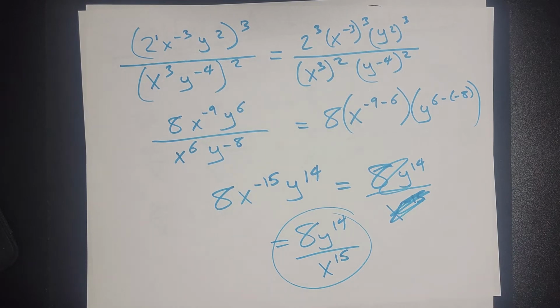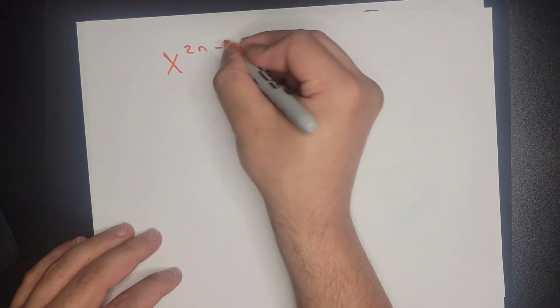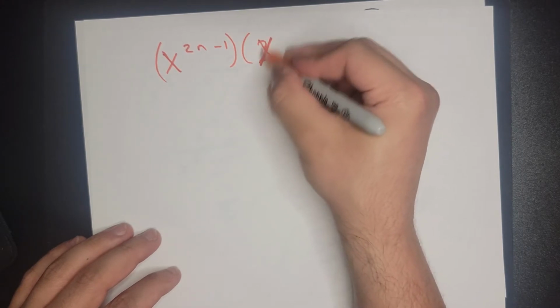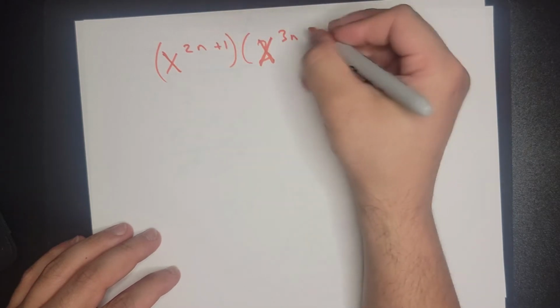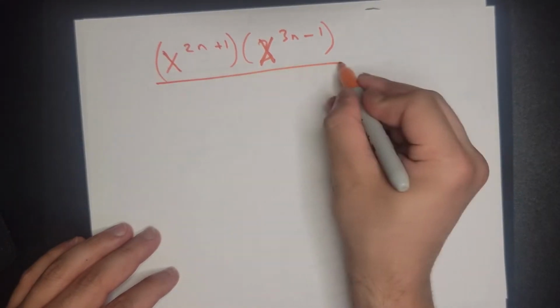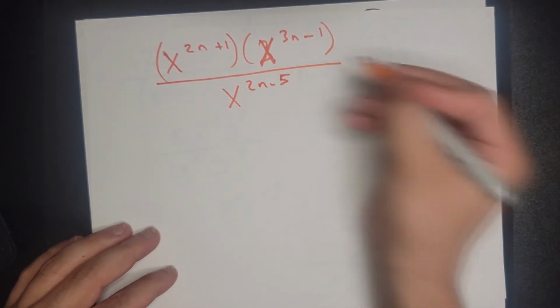Let's try this expression. Say I have an expression, a very big one. Let's say x to the power of 2n plus 1, and, sorry, x to the power of 3n, actually that's a plus sign, 3n minus 1, over x to the power of 2n minus 5.